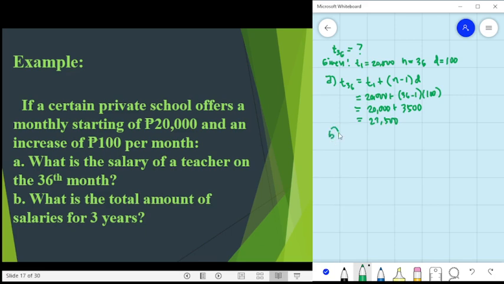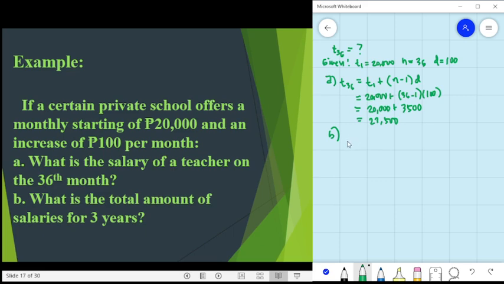Okay, so that is his salary after 3 years. The next question is what is the total amount of salary for 36 months or 3 years. Okay, so we have to convert 3 years to 36.